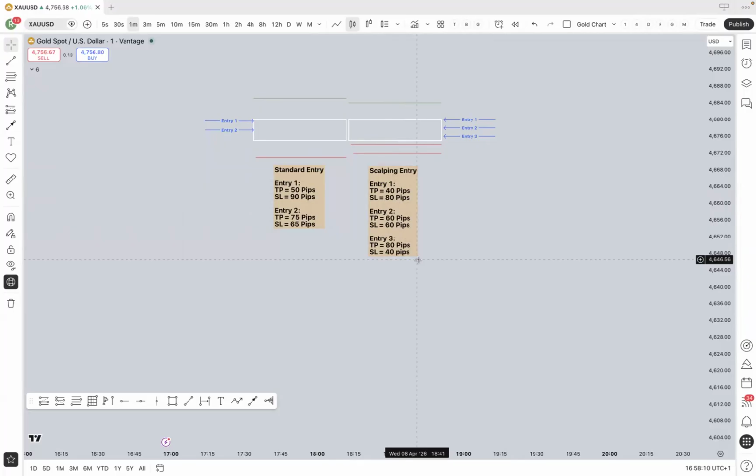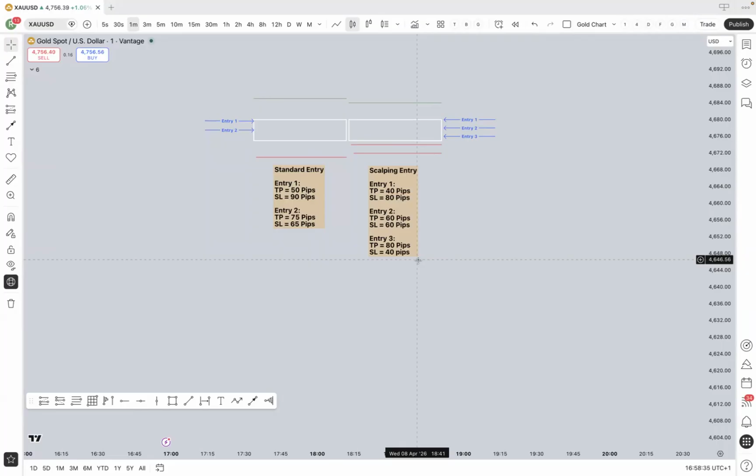Now we're going to use a fixed lot size, and we're going to pretend that that lot size is the equivalent of £1. Okay, that's the first example I'm going to give you on each. So you're going to have each entry the same lot size that equates to £1 in monetary value.